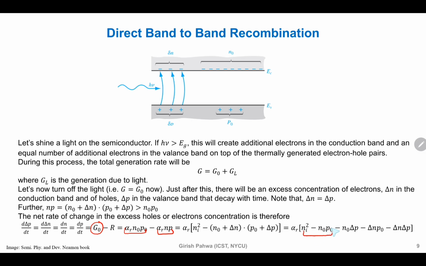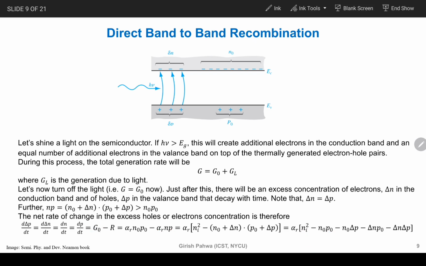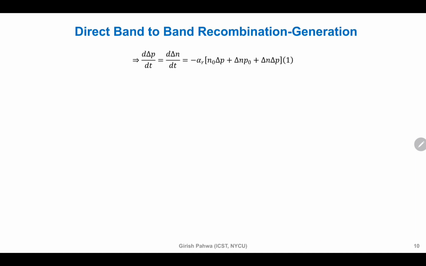Here I know that Ni square is equal to N naught P naught, so this is going to get cancelled. So what will I be left with? Rate of change of excess electron or hole concentration is equal to minus alpha R times products like N naught into delta P, delta N into P naught, plus delta N into delta P.